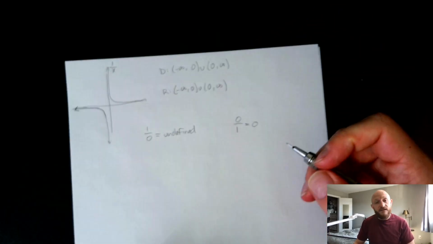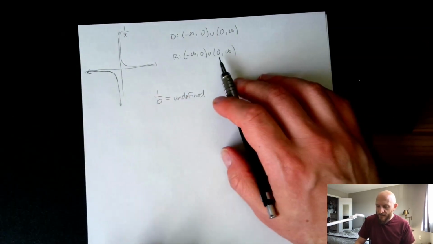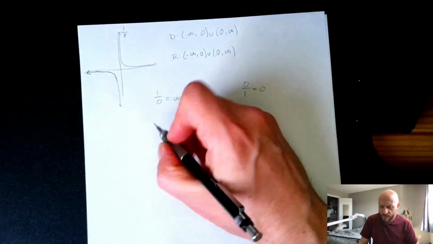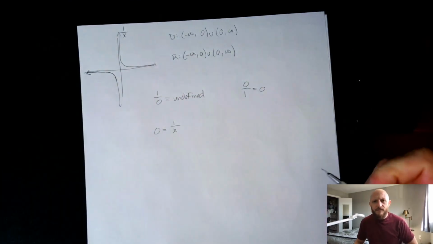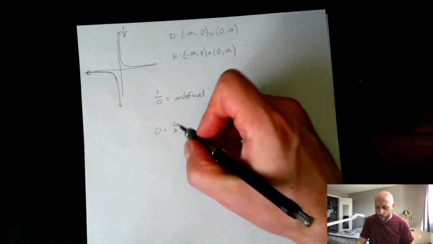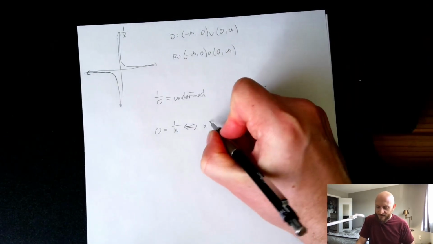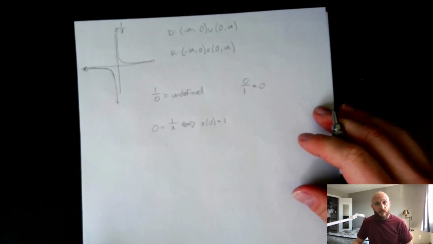If you need to convince yourself of that, one way to check is, if I think that 0 might be hit by this function, I can try to solve it. What x value results in 1 over x equals 0? Well, this is equivalent to saying that x times 0 equals 1, which is not possible.